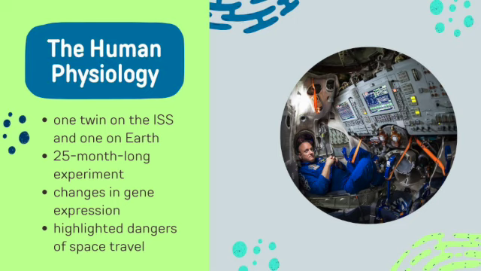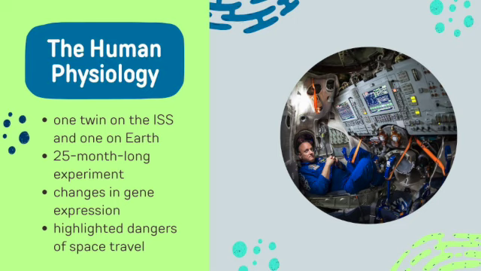And so, like I said, a big part of the study they conducted involved one of the Kelly brothers being up in the International Space Station for a long period of time, and then the other brother was still on Earth throughout this entire study.